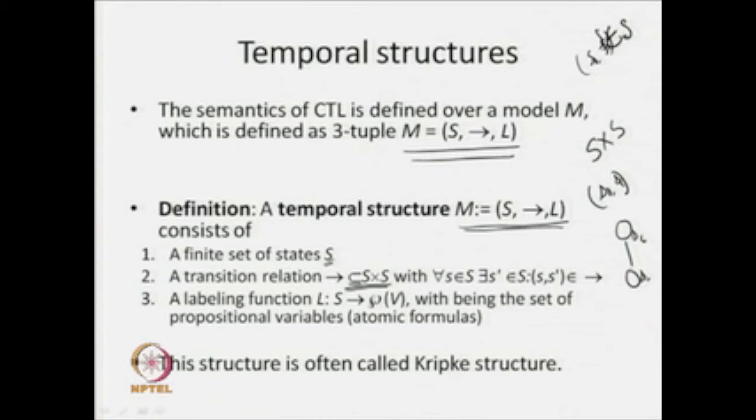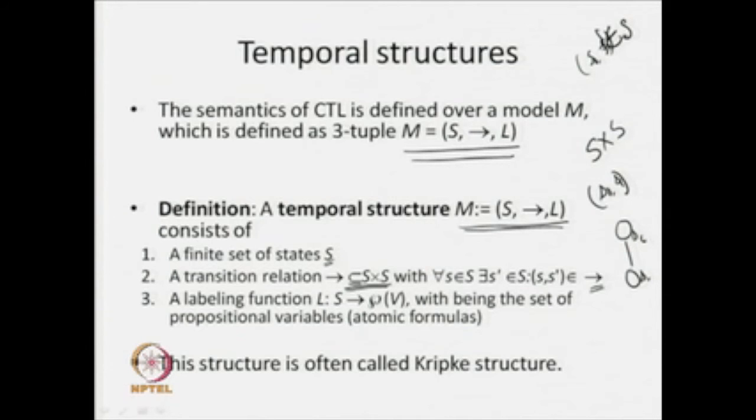So, the second component is the transition relation, which is a subset of the Cartesian product of S and S, with a particular restriction. It says that for all s belonging to S, there exists an s' such that (s, s') belongs to this transition relation. What does it mean?